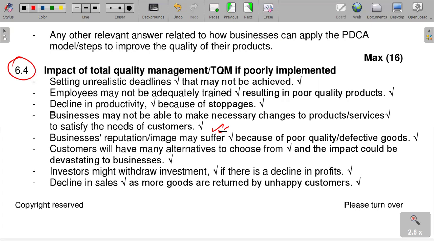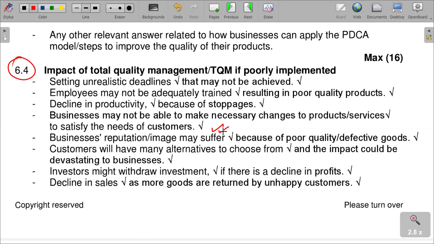Business reputation is put at disrepute because of poor quality, defective goods or services. Customers will have many alternatives to choose from, and that impact could be very dangerous to businesses.